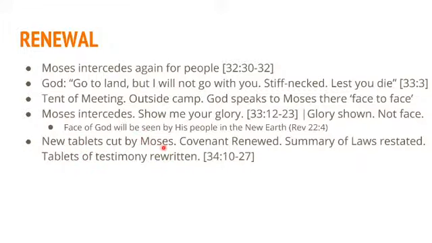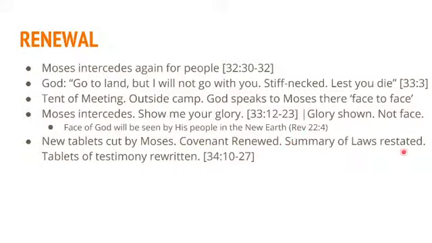Remember, he broke the last set that were given to him by God, the 10 Commandments. And the covenant was renewed, remember, to deal with the fact that they had broken covenant with God by worshipping that golden calf. Again, I apologize for these background noises, these dogs. But the covenant is renewed.